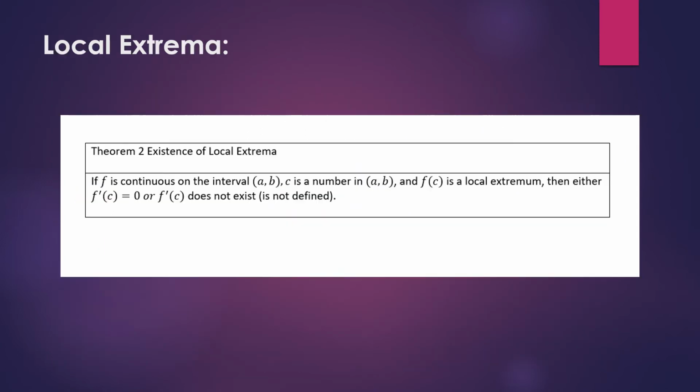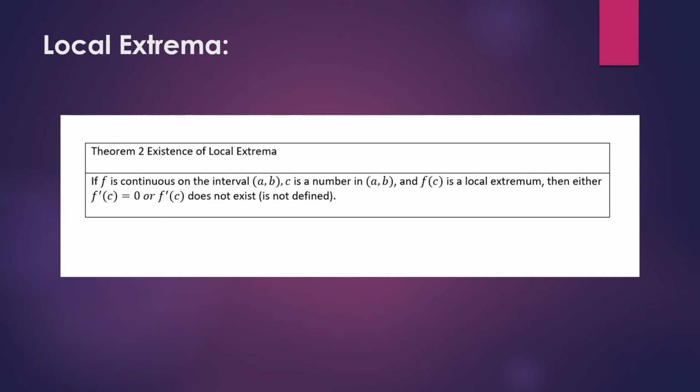So theorem 2, it's the existence of a local extrema. It says if f is continuous on the interval from a to b, c is a number in a to b, and f of c is a local extrema, then either f prime of c is 0 or f prime of c does not exist, as in it is not defined.